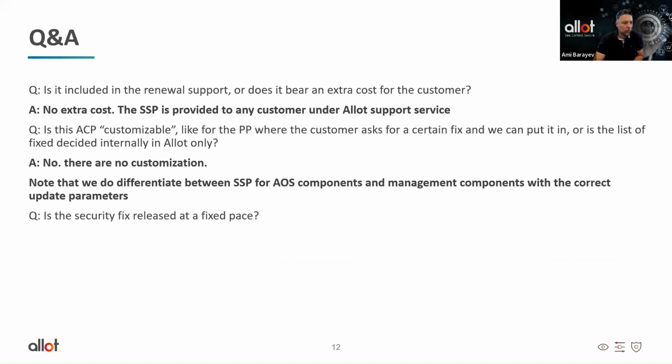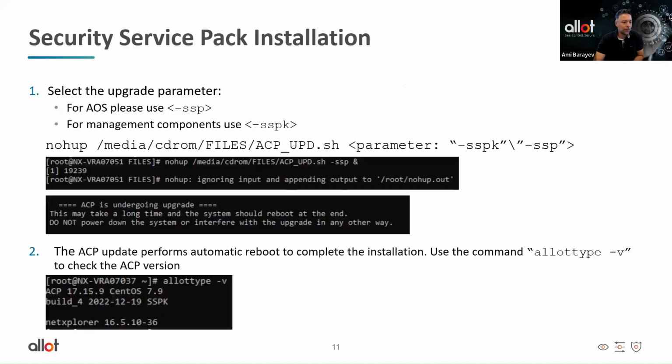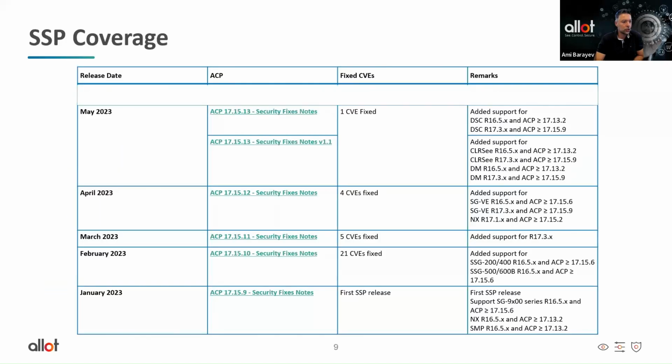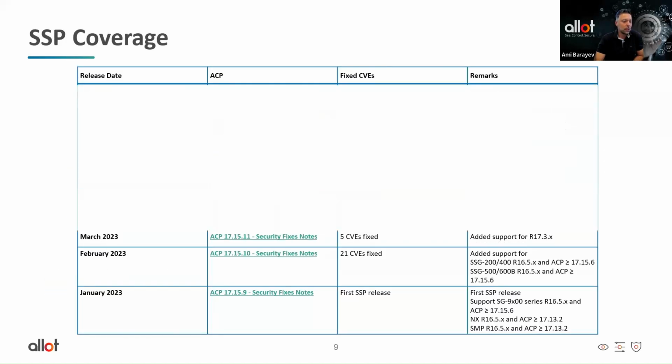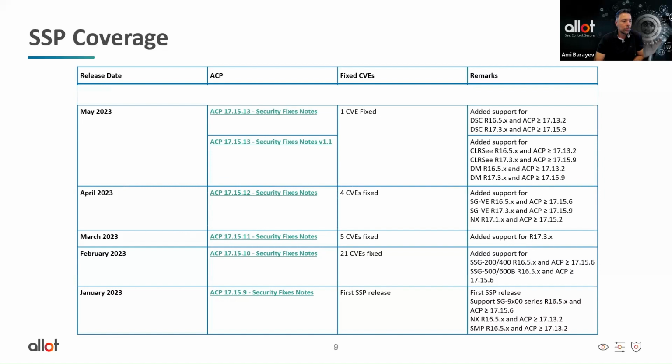For example, if I go very quickly to the previous slide that I shared, you can see that when we released the Security Service Pack in February, 21 CVEs were fixed. But in May, there was only a single CVE. So we are aligning ourselves to the industry, to the community. Once there is a fix available for the operating system, we will use it.